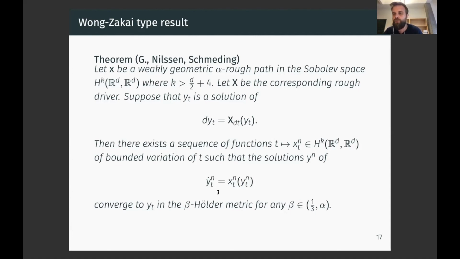So meaning that we can use this to approximate flows in a certain sense, as long as we have something that comes from a driver that comes from a Hilbert space.